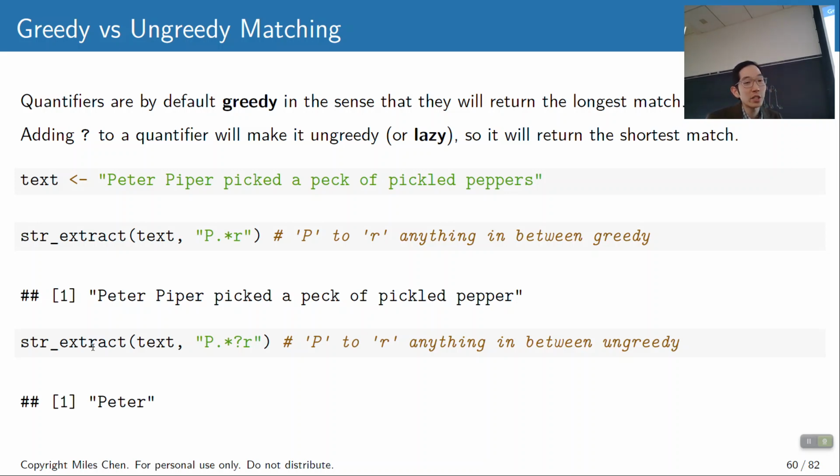Okay, if I did string extract all, we would get Peter and Piper. But here, this is the ungreedy, and it says find the smallest match that matches capital P followed by 0 or more wildcard characters, but make it as short as possible, that ends with an R, and the shortest match will be this Peter.